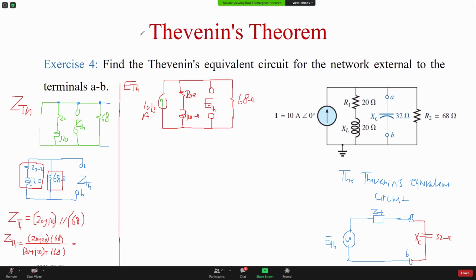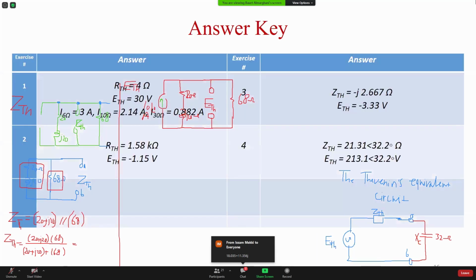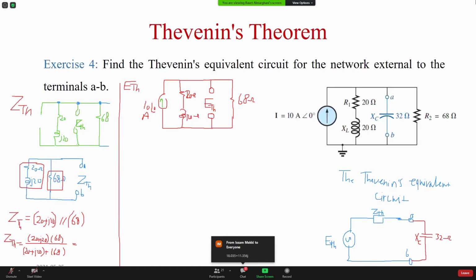Answers. Or I should take it 21.31, 32 point something, I don't remember now, 0.1 ohm.